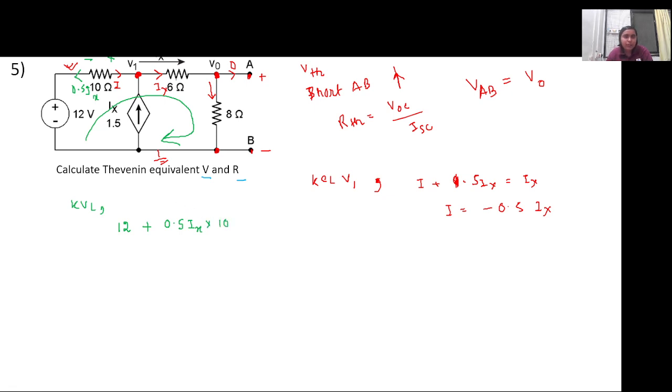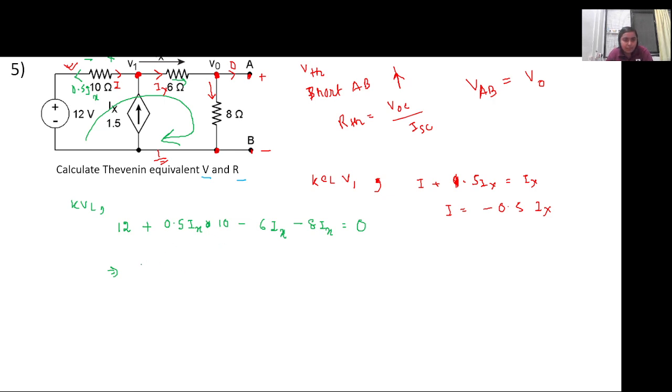Then the voltage drop across the 6 ohm resistor, which will be equal to 6 into Ix, minus 8 into Ix will be equal to 0. So this is an equation only in Ix, so we can directly solve Ix.